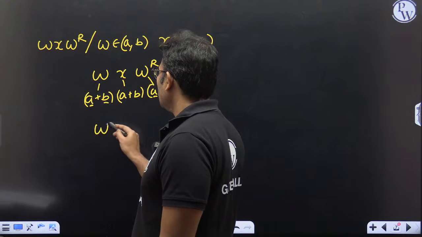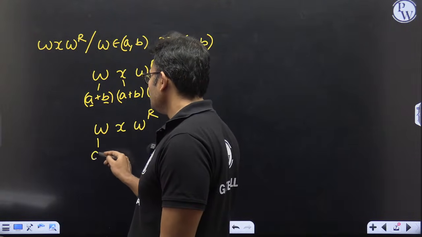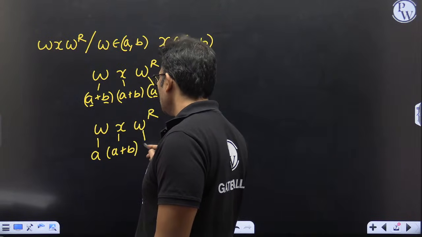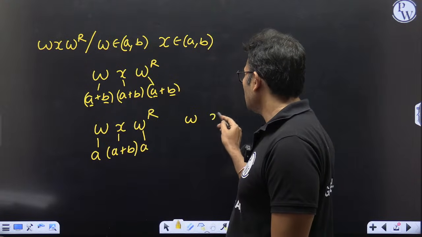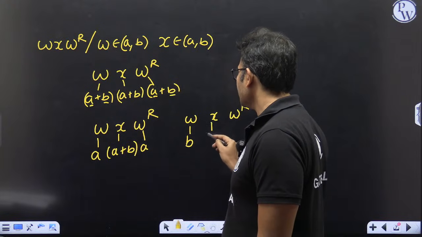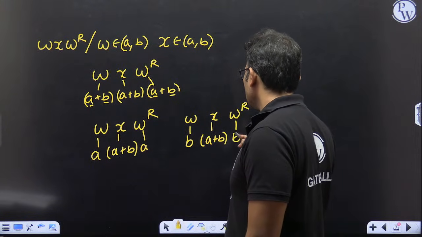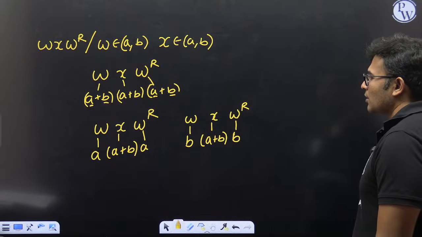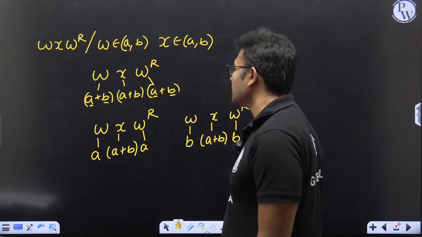So WXW^R can be, if W is equal to A, X can be A or B, and W^R is going to be A. Or if W is B, X can be A or B, and W^R is going to be B. If it starts with A, it should end with A. If it starts with B, it should end with B, right?